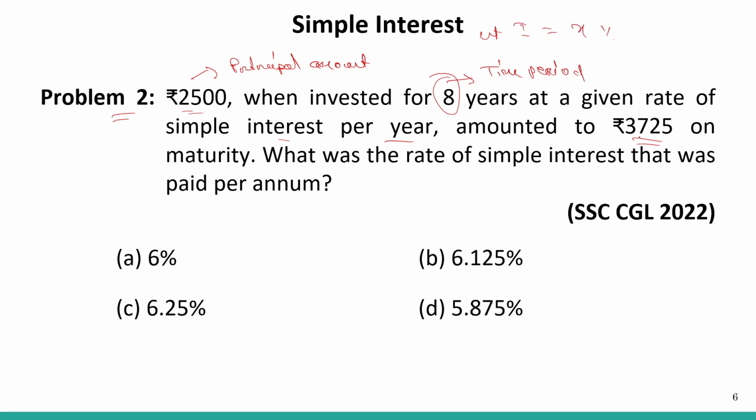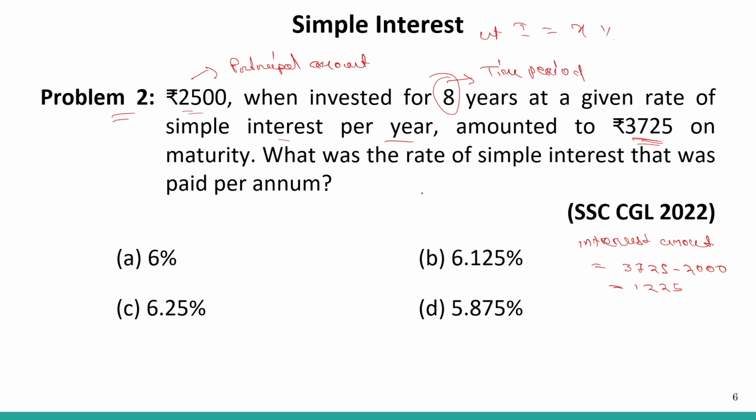So this amounts to 3725. So the profit or interest amount is equal to 3725 minus 2500, which is 1225. Then what was the rate of simple interest that was paid per annum?